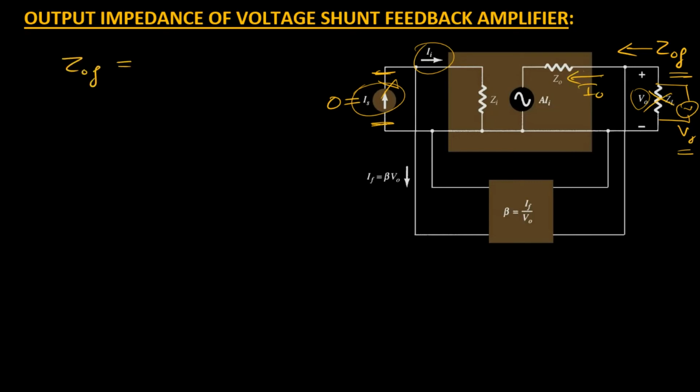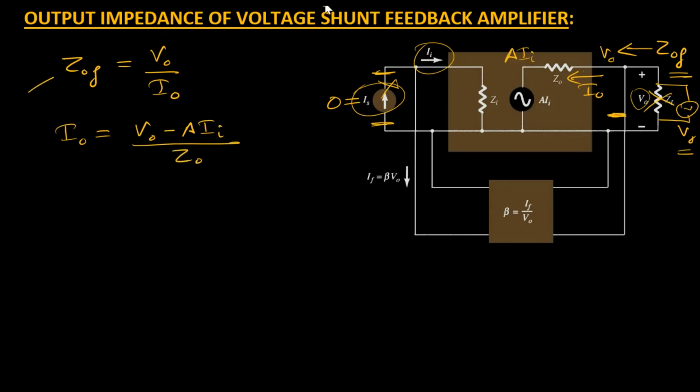Zof, the output feedback impedance, will be Vo, the potential, divided by Io. And Io we can easily calculate from here, as it is developed across Zo, and at one end it has a potential Vo and at the other end a potential A Ii. So I can write it like Vo minus A Ii, developed across Zo, so I'll divide it by Zo.